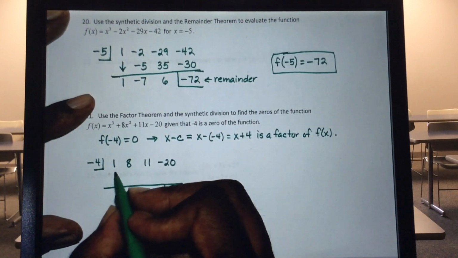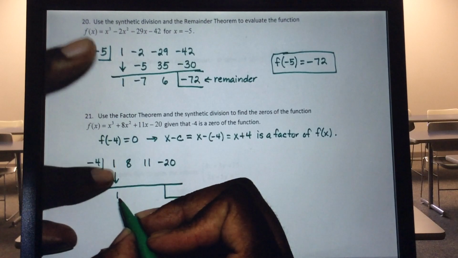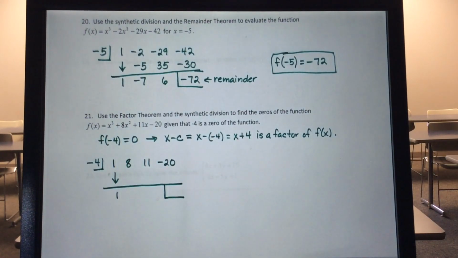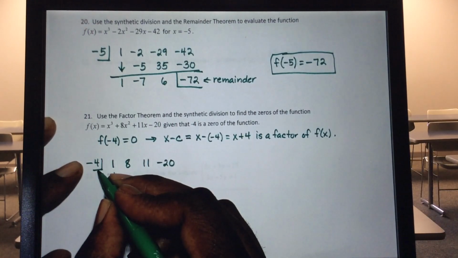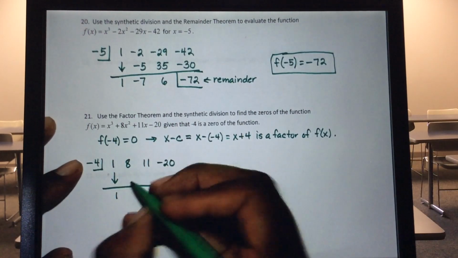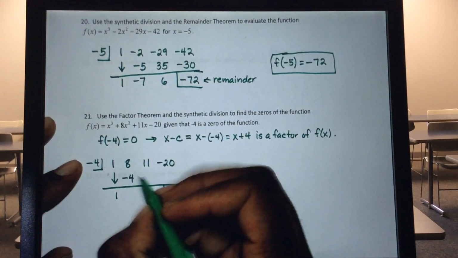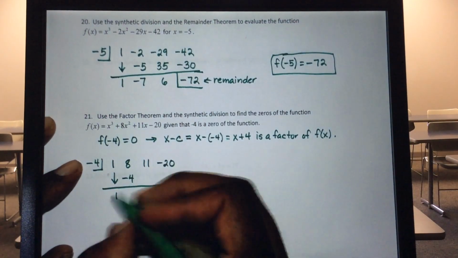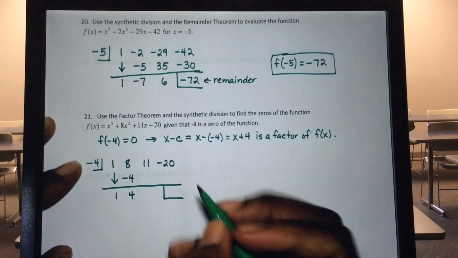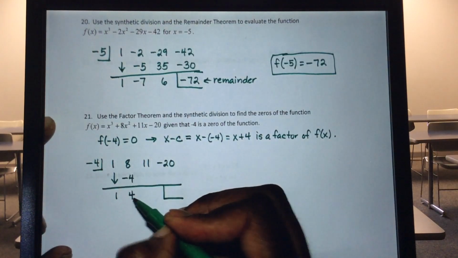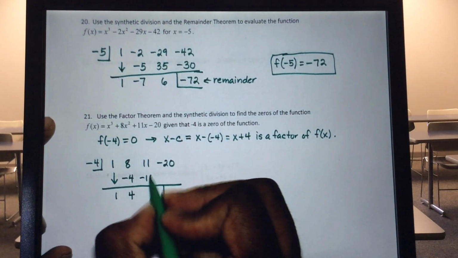So now we're going to bring down the 1, which is my leading coefficient, in the bottom row. And then I'm going to multiply that number times the divisor. So -4 times 1 will be -4. Add 8 and -4 together, you're going to get 4. And then -4 times 4 will be -16.